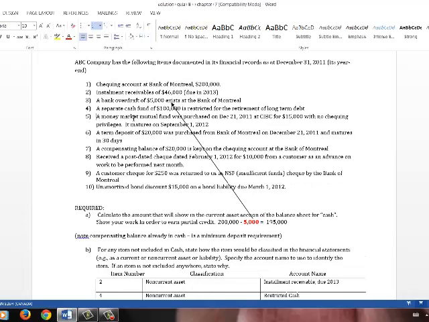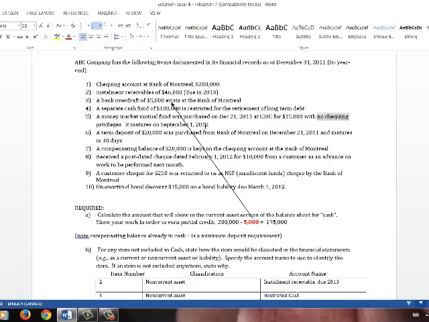Now, in number 5, we have a money market fund that was purchased in the same year for which we're doing the statements for $15,000, and it has no checking privileges. Because it has no checking privilege, and it matures on September 1st, 2012, we know one thing. It's not going to be part of your cash balance because it's got no checking privileges.